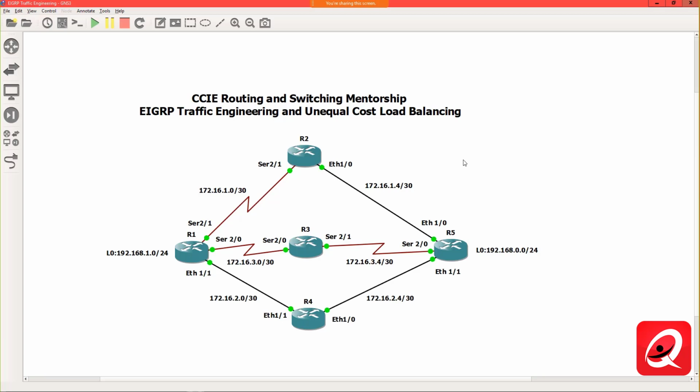And we're also going to take a look at some of the traffic engineering concepts. It's a review of our previous discussion on classic EIGRP. We're going to talk about things like the feasibility condition, how we modify EIGRP path selection, what is delay, what is bandwidth, how we choose one route from another, and so on. And then we're going to finish up by talking about unequal cost load balancing as part of this process as well.